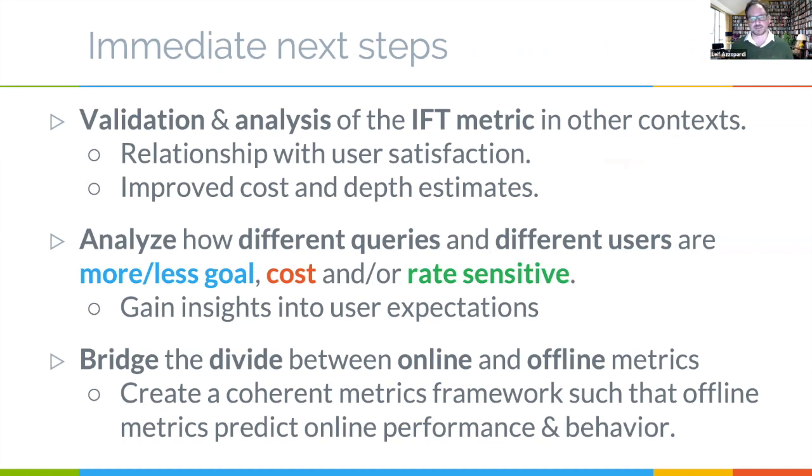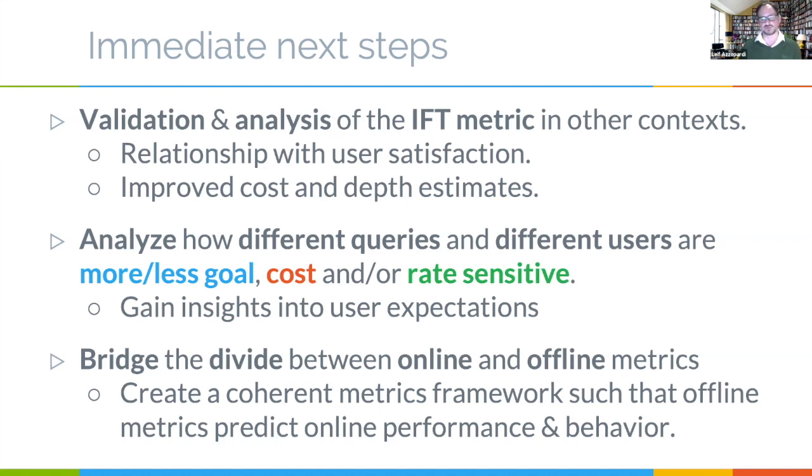It also gives us a way to analyze different queries. So like I talked about these different goal, cost, and rate sensitivities, now we can explore the queries and the users that we have to see whether they are more rate sensitive, cost sensitive, or goal sensitive, which should give us better insights into user expectations.